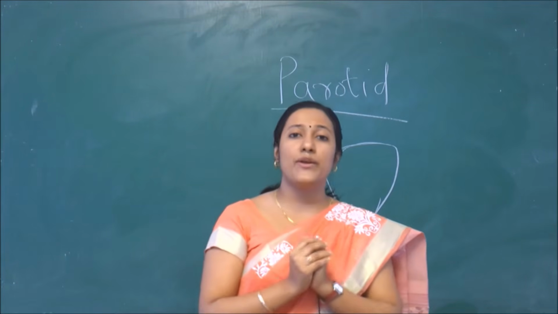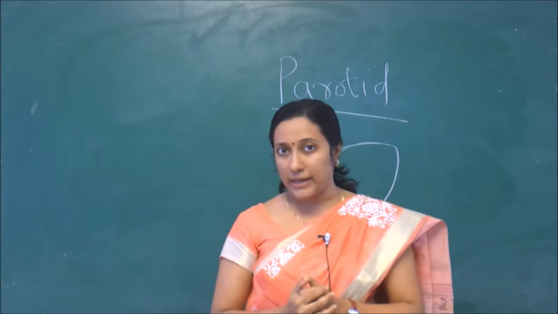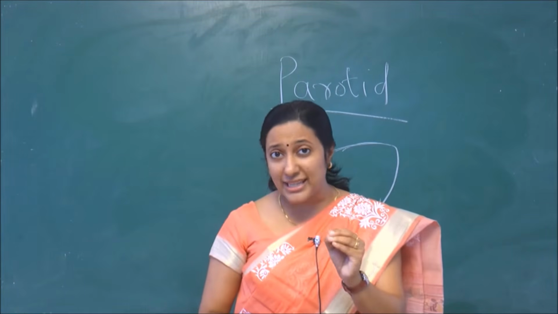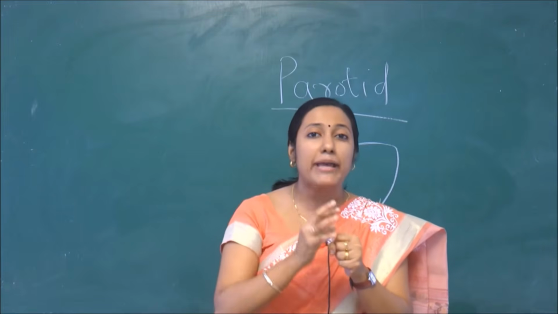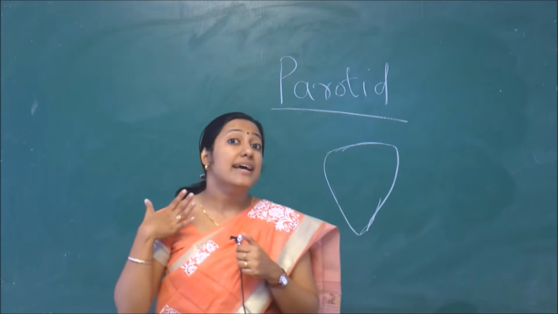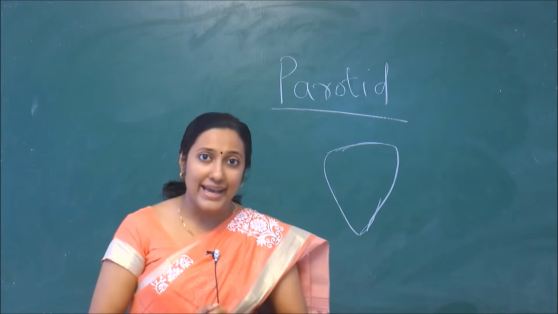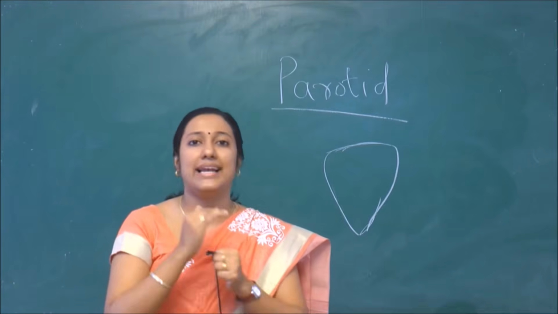So there are two coverings of the parotid gland: one is the true capsule, the other is the false capsule. The true capsule is nothing but a condensation of the fibrous stroma of the gland. The false capsule comes from the investing layer of deep cervical fascia, and it will enclose the gland.